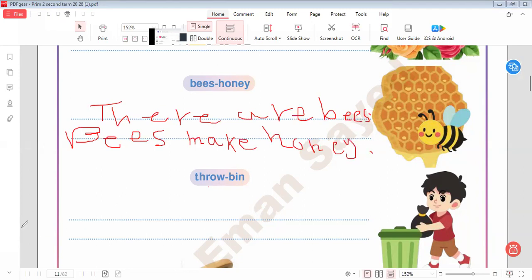Here is the last one. You must keep the park clean. You must keep the park clean.